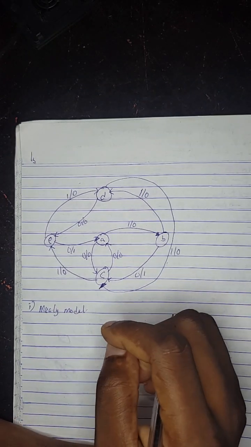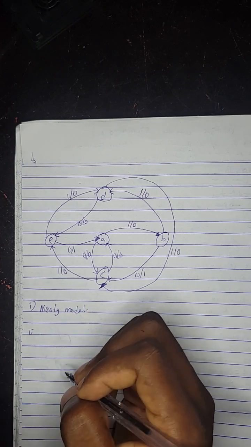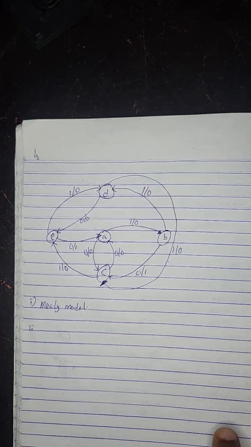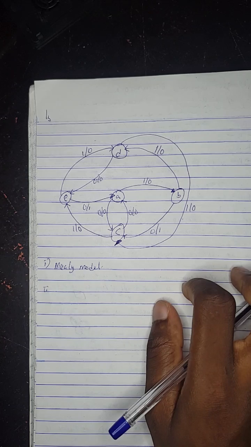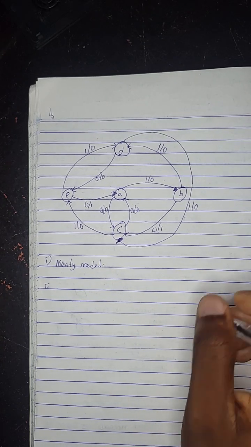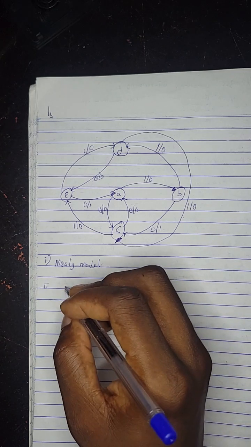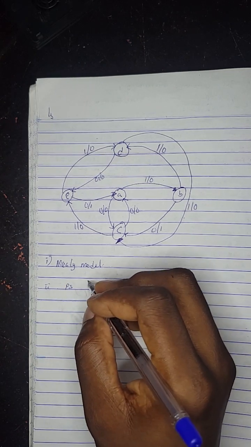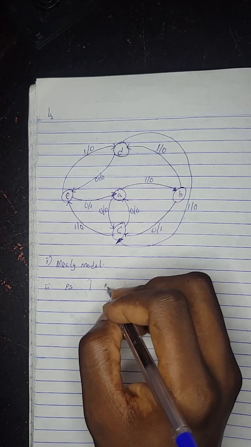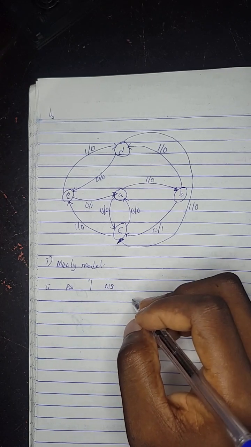Okay. The second part of the question says we should prepare the state transition table for the given finite state machine. What is meant by the transition table is a table that will include the present state, the next state, and the output.